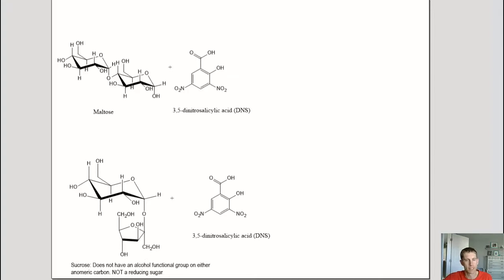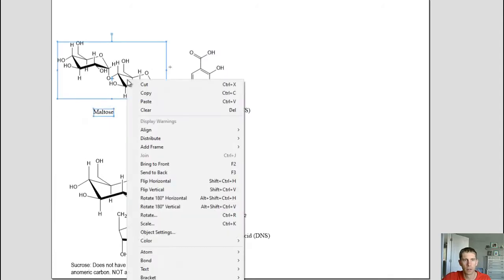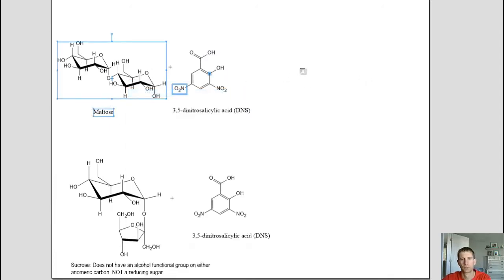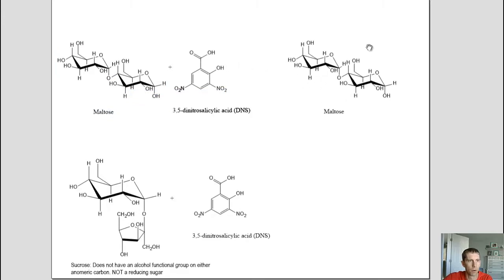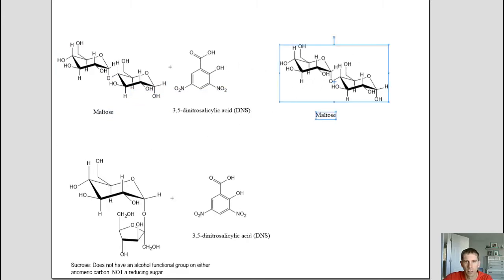All right, moving on to the last step, let's look at the reaction, specifically the oxidation-reduction reaction between maltose and 3,5-dinitrosalicylic acid. So if we were to oxidize our maltose sugar, I'm just going to copy that here. So we're going to form a product here, and this is going to be no longer maltose when we form it.